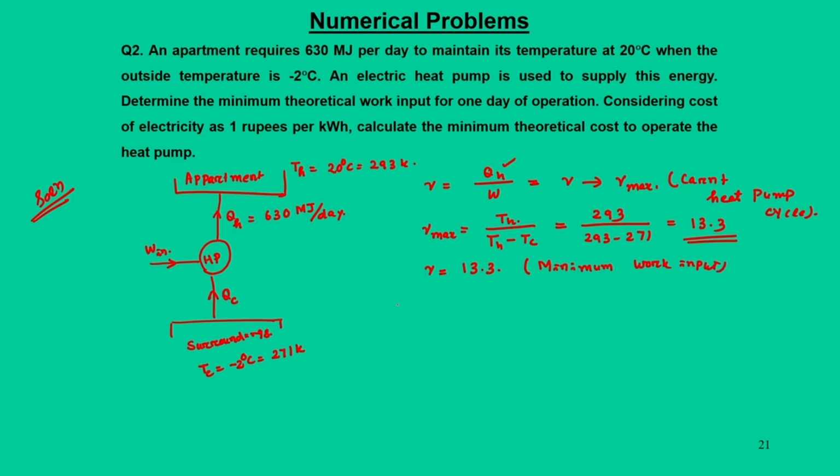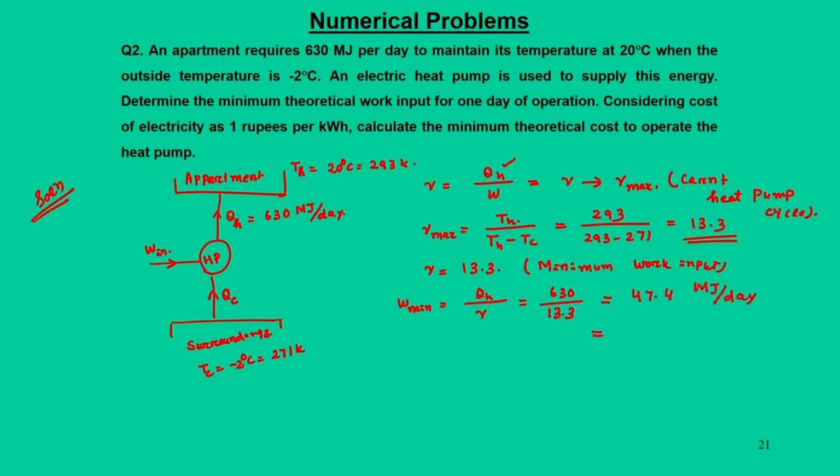So, now putting this here, W minimum would be QH by gamma. QH is given as 630, divided by 13.3, and this is 47.4 megajoule per day.